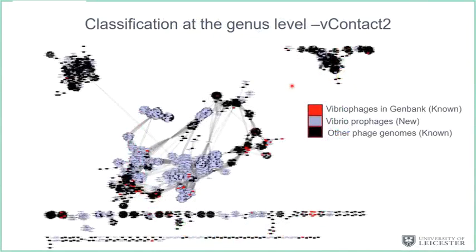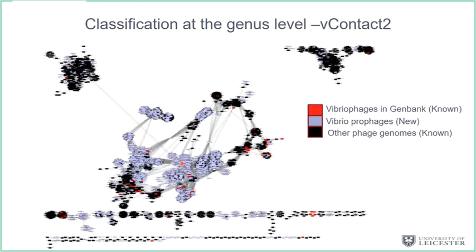So another way of looking at this and grouping phages to reduce some kind of redundancy within the data that we have is to use a program called vContact2. And this gives you a network overview of how the phages group together. So hopefully you can see these clusters of balls that are close to each other, and then we've overlaid colour on top of these.